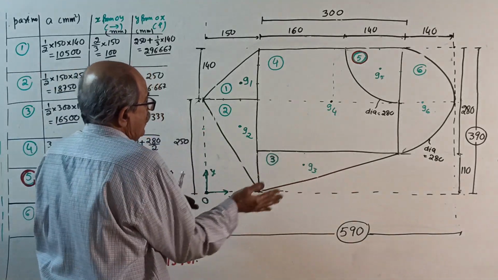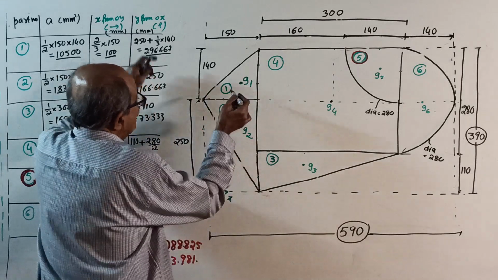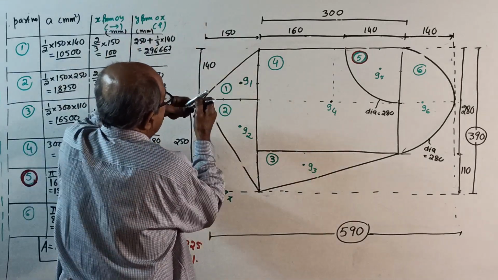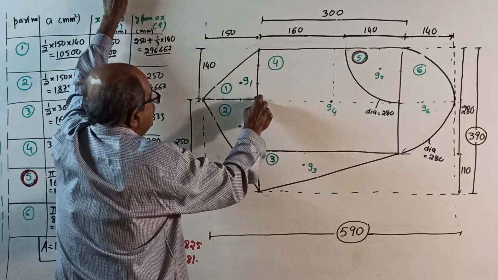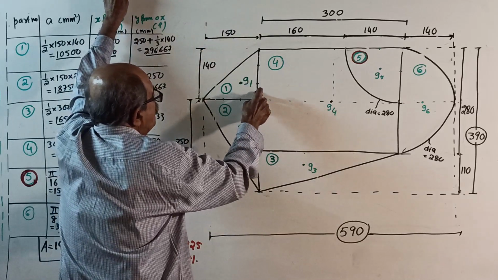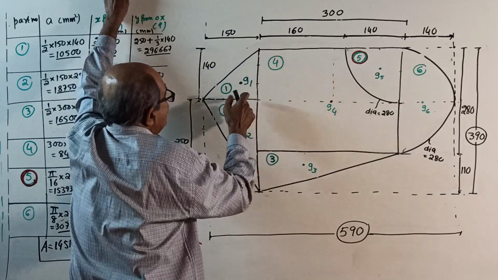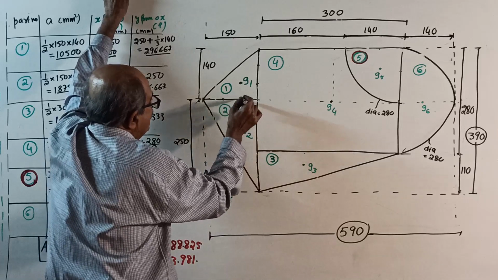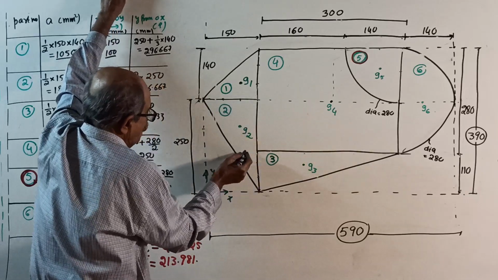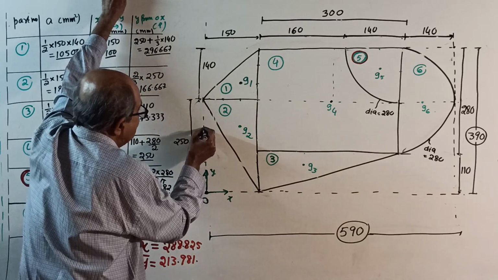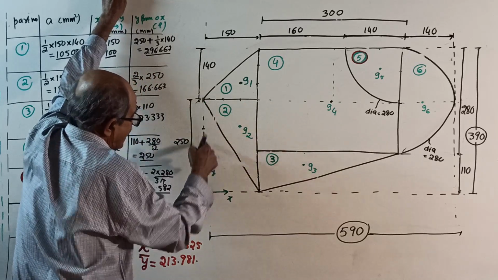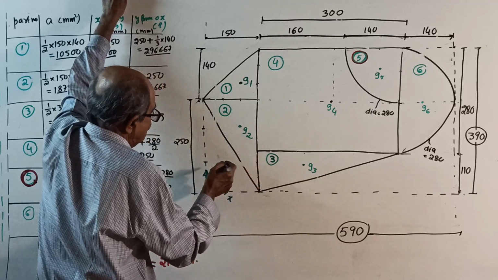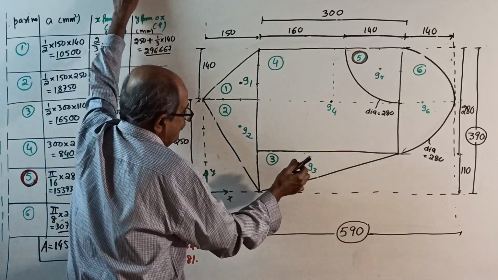X this way and Y this way. Start, locate the centroid. Nearest to this point, one part, 3 parts. Here, 3 parts, and this way also 3 parts. No space there, so I will divide into 3 parts here. This triangle, I can't do it there.